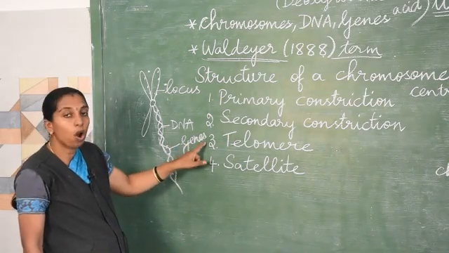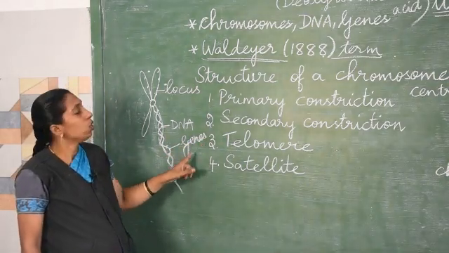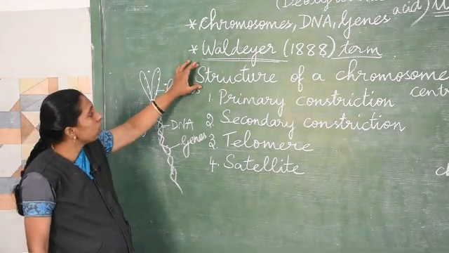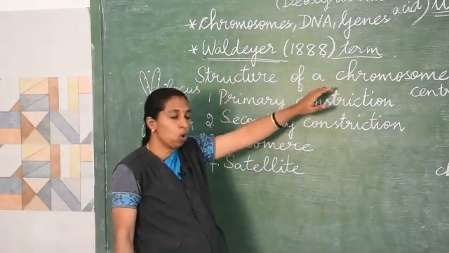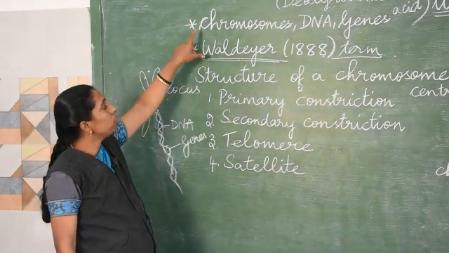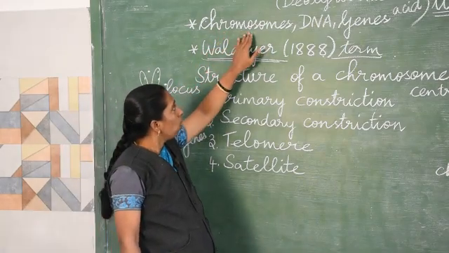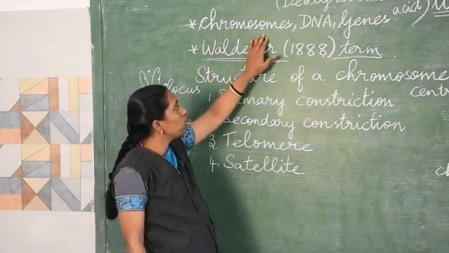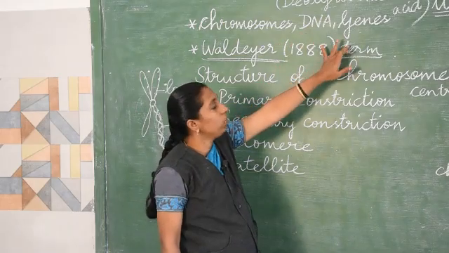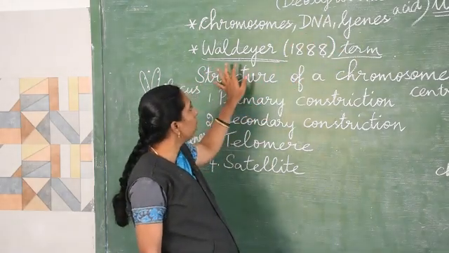So genes are called the hereditary units. Now we shall learn the structure of a chromosome. So far we have learned what the chromosome is, where the chromosomes are located, DNA, genes, and who coined the term chromosome.